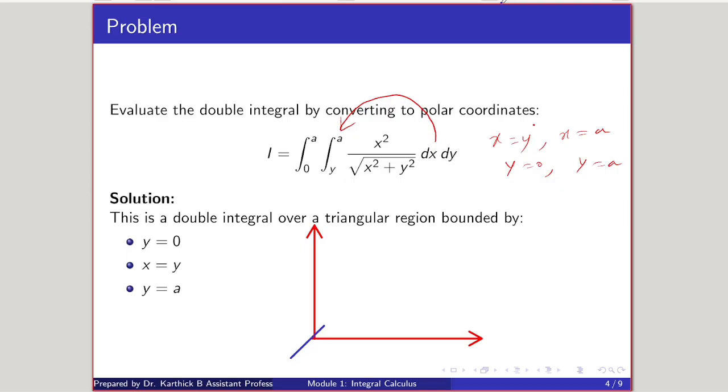This will be the graph for x equal to y. And now we have to go for x equal to a because x varies from y to a. So I may take the value a here.